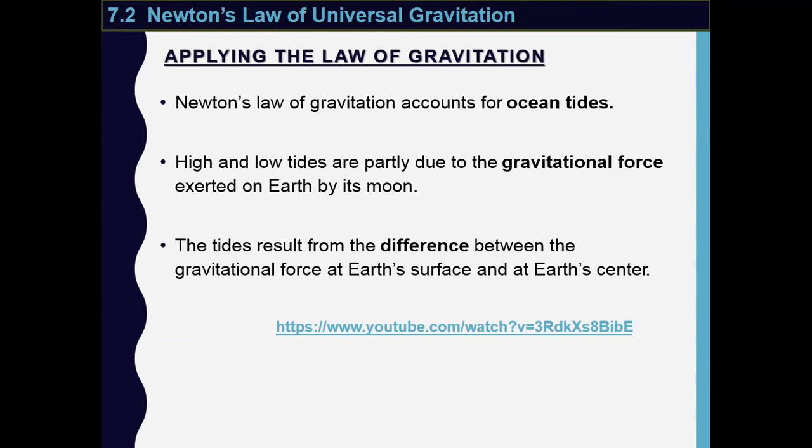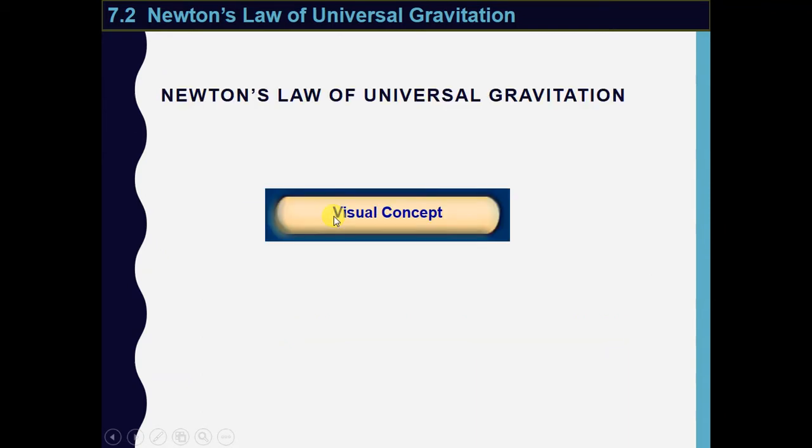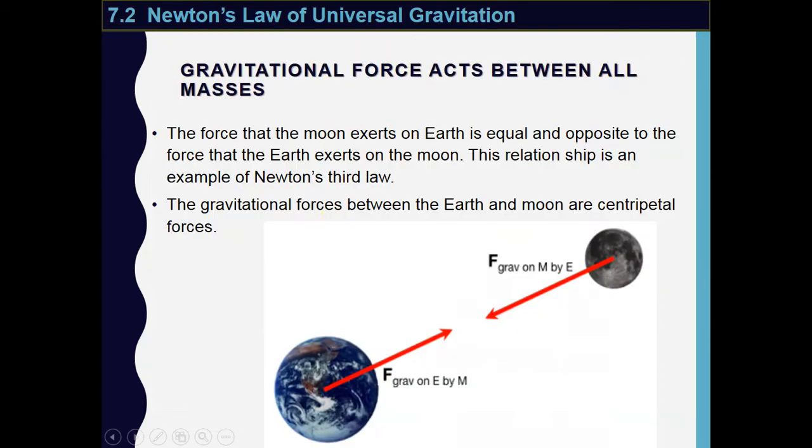Newton's law of gravitation accounts for ocean tides. High and low tides are partly due to the gravitational force exerted on earth by its moon. If you remember, in this figure we talked about the forces. We said that the earth exerts a force on the moon to pull it, and this force is exactly what causes the moon to orbit the earth, to go on an exact orbit.